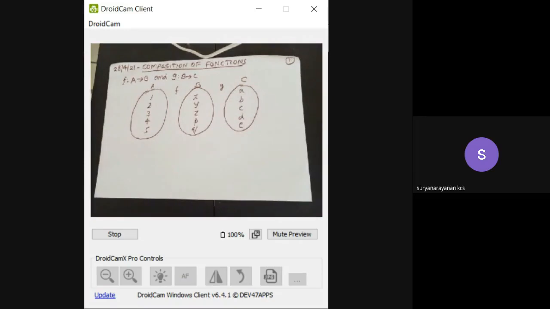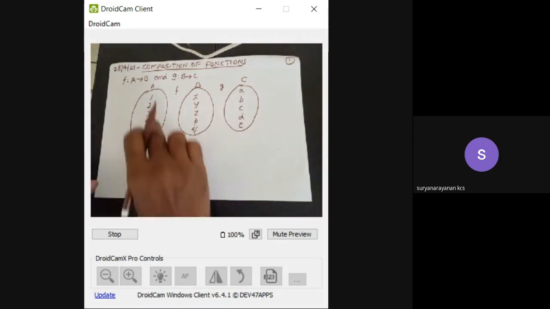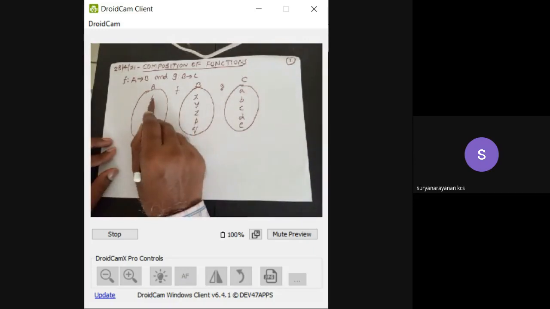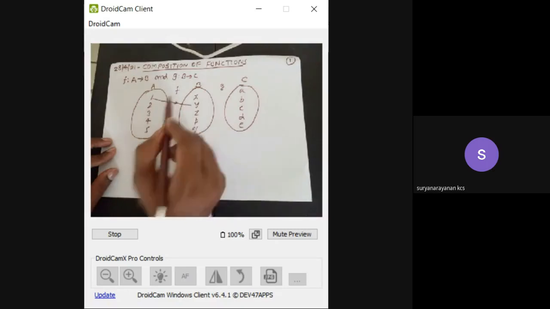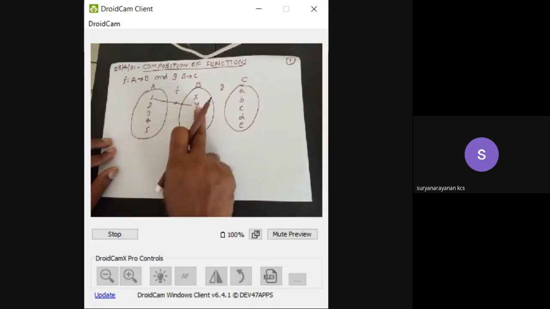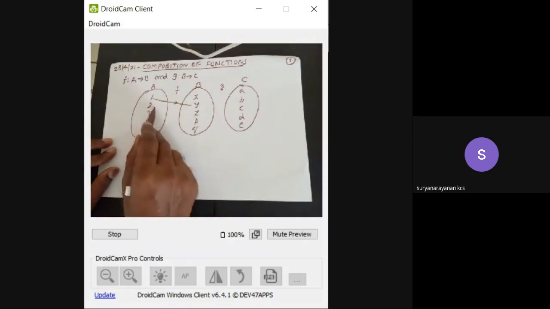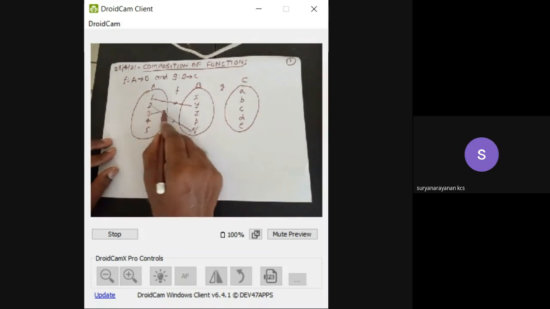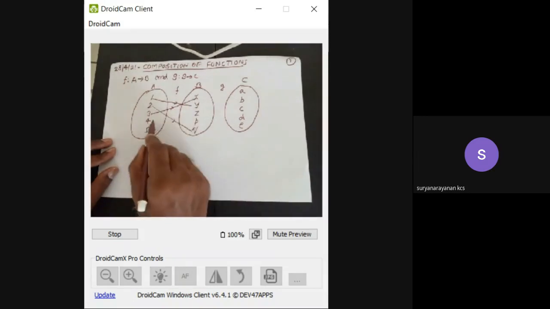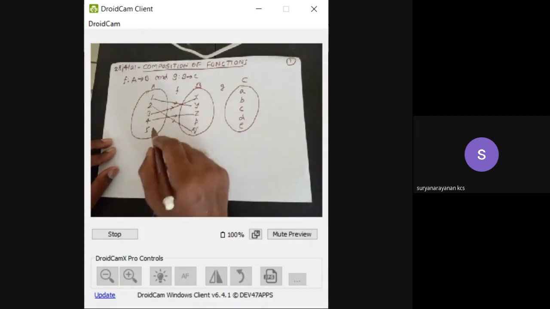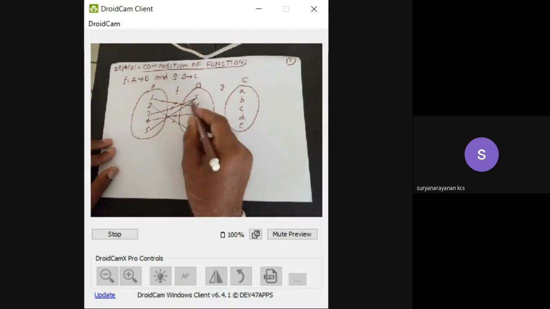Let us consider these are the elements in sets A, B, and C. 1 is related, associated with element y. 2 is related with element q. 3 is related with element x. 4 is related with element z. 5 is related with x.